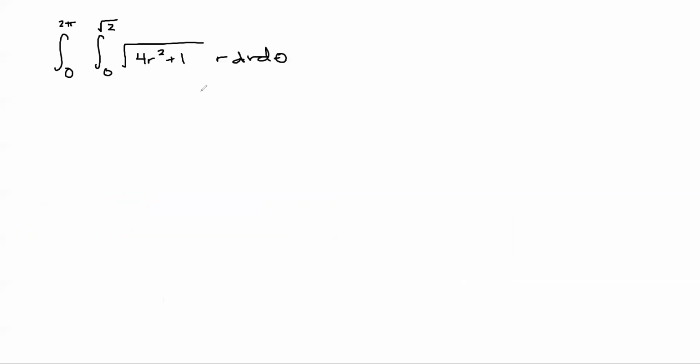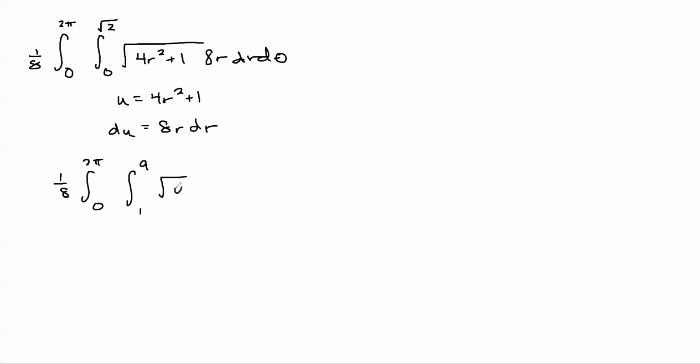This is just a u substitution, so we have u equals 4r squared plus 1, du equals 8r dr. To get the 8, we could just add that in, offset it with a 1/8. We get 1/8, 0 to 2 pi. The bound changes: plug in 0, you'll get 1. Plug in root 2, you get 9. This becomes root u du d theta.